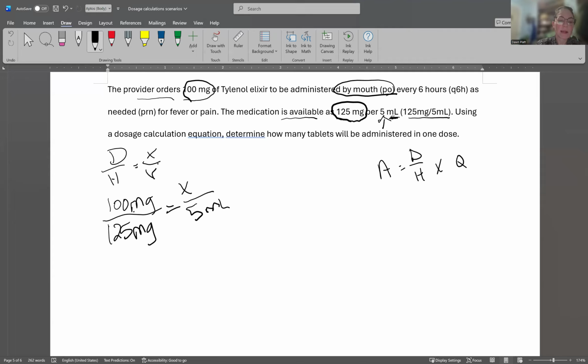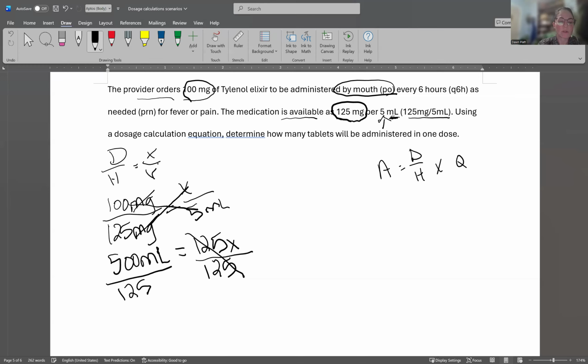All right, so now we do our cross multiplication. Get rid of my milligrams, and then cross multiply. 100 times 5 milliliters is 500 milliliters equals 125x. We have to get x by itself, so we divide by 125. That cancels that out. We divide the other side by 125, and then we take 125 and divide it into 500.